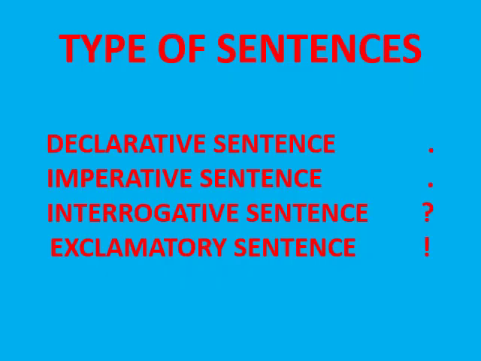We come to its types. There are mainly four types of sentences in your book. First is declarative sentences, second is imperative sentences, third is interrogative sentences, fourth is exclamatory sentences.